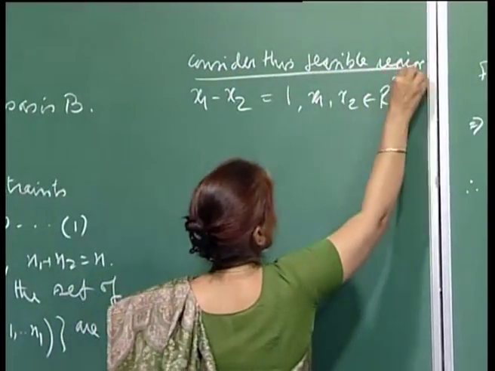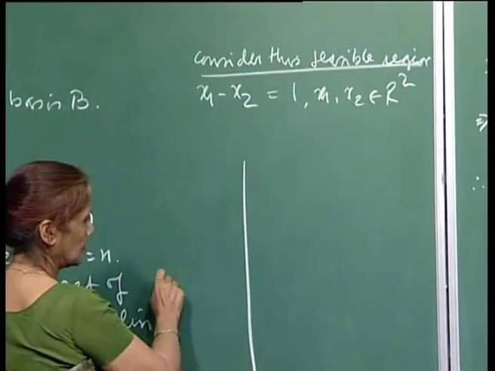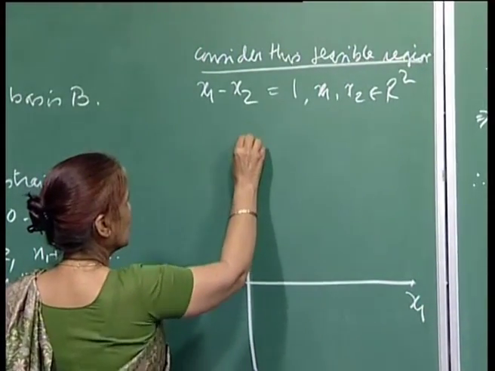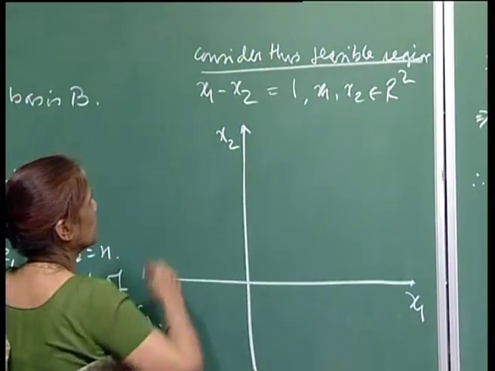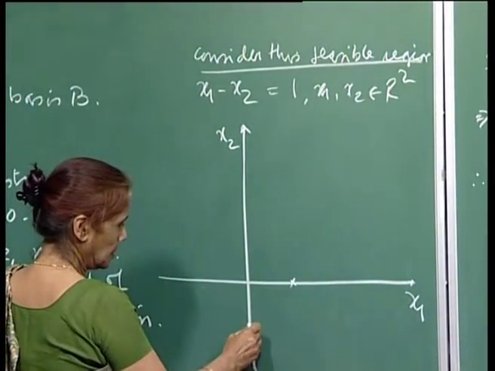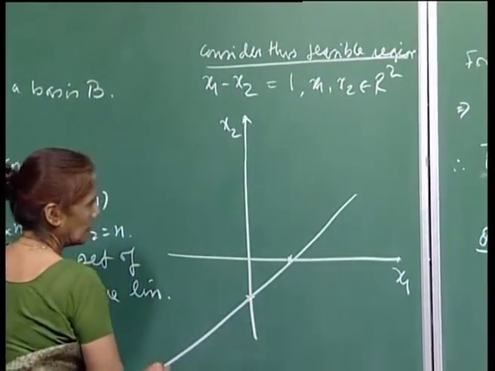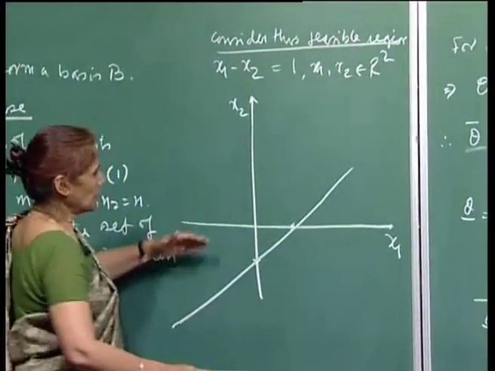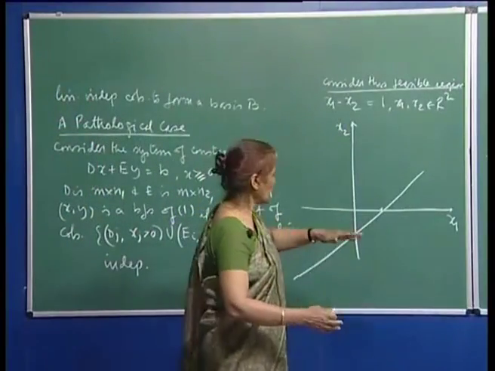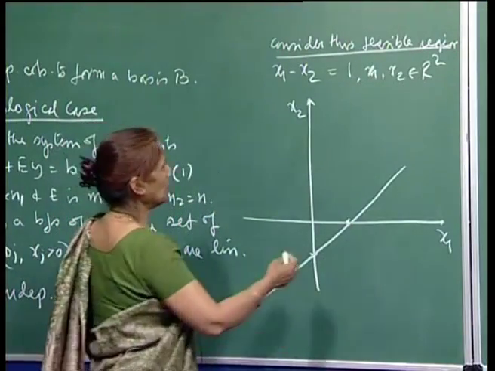If you draw it in the R2 plane, with axes x1 and x2, it passes through the points (1, 0) and (0, -1). So the feasible region is this line, which extends to infinity in both directions. So, no extreme point, right.